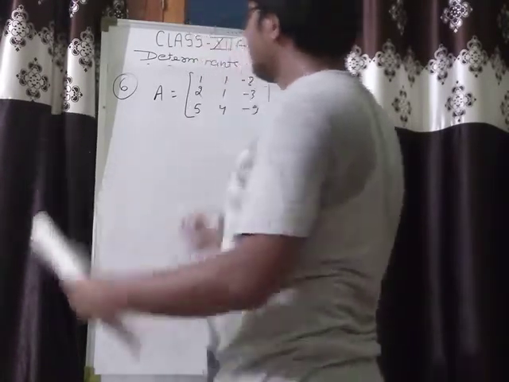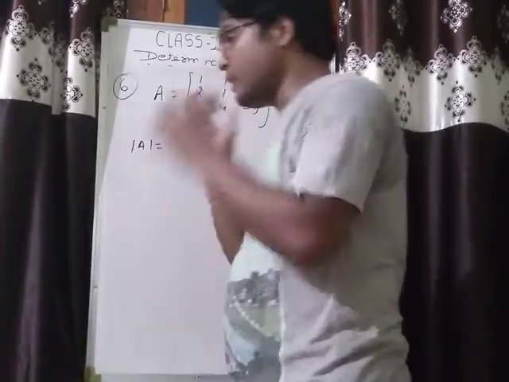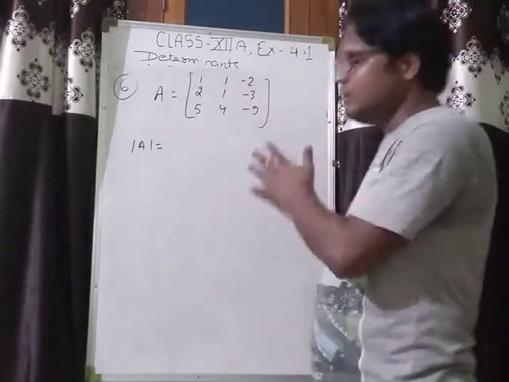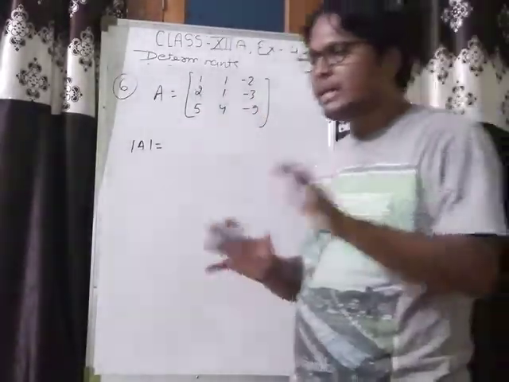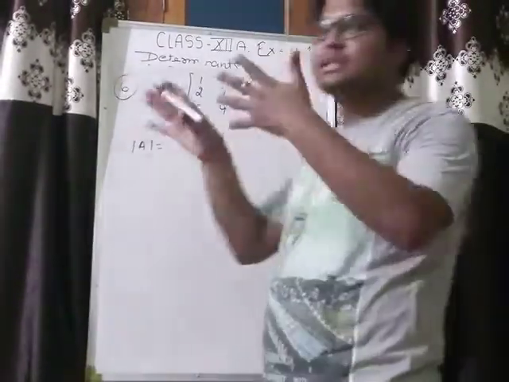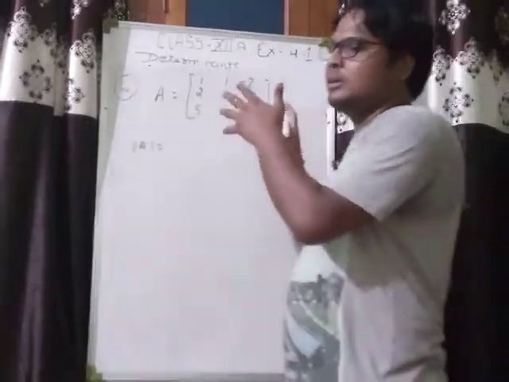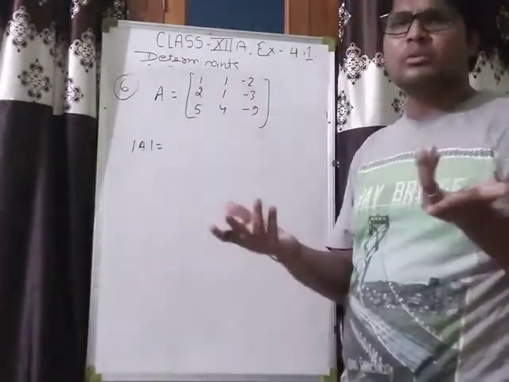Okay, we have to find out determinant of A. Very easy. मैंने आपको बताया कि we should use that row or that column in which maximum number of entries are 0. But you can see here no entries are 0 here. So you can use any row or any column.